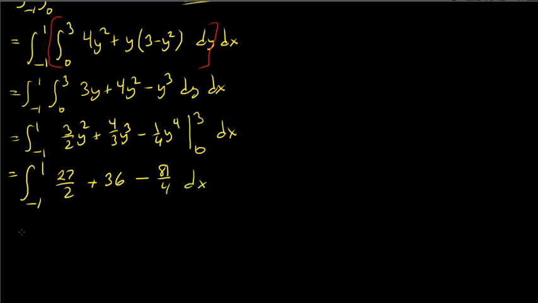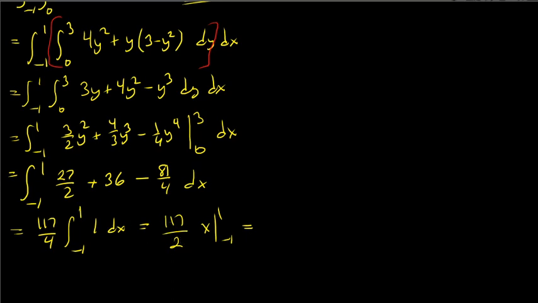This is just a constant we're integrating, so we can take that constant outside. That constant is 117 over 4, times 1 dx. That'll come outside, and then when you do the integral, you'll just get 2. It's 1 minus -1, which is 2.